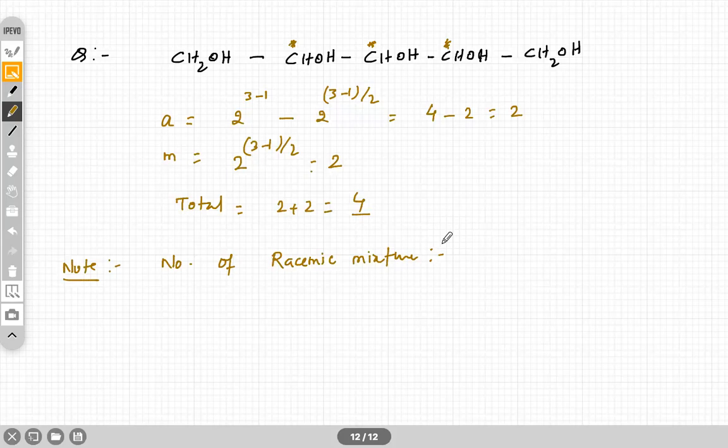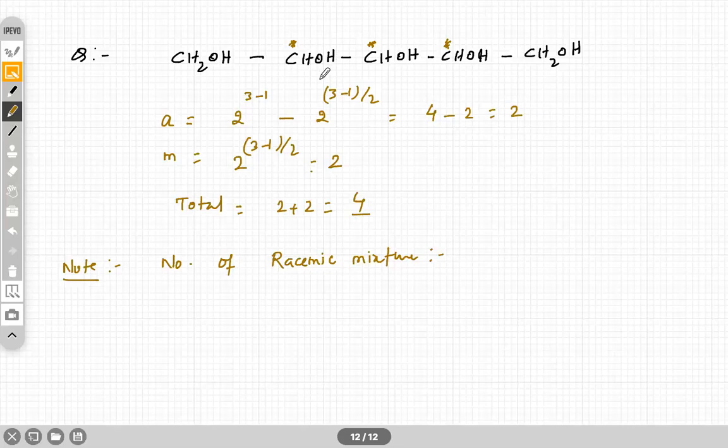What is the value of racemic mixture we get? How it is 6? You're talking about this one, Shraddha?